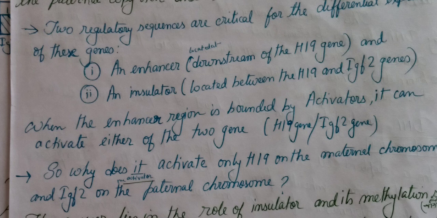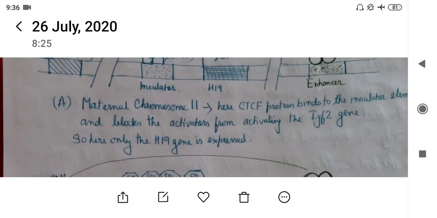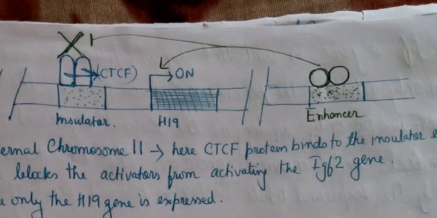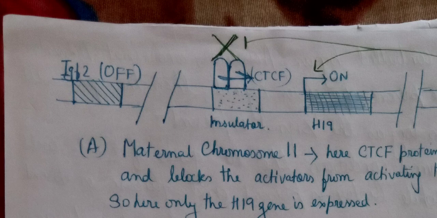Again, I repeat: when this enhancer region of the DNA is bound by activator proteins, it will activate either the H19 gene or the IGF2 gene. Let us see the figure again. It has been shown here that this enhancer region is bound by an activator. This activator can either allow expression of the H19 gene or of the IGF2 gene.